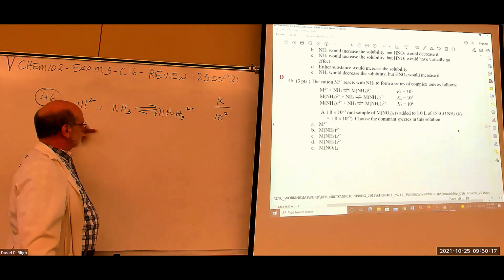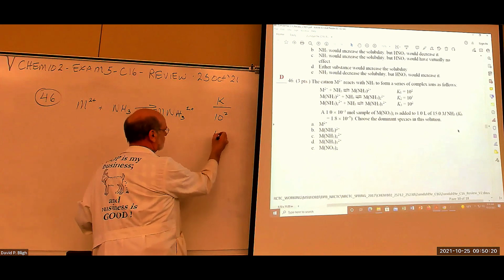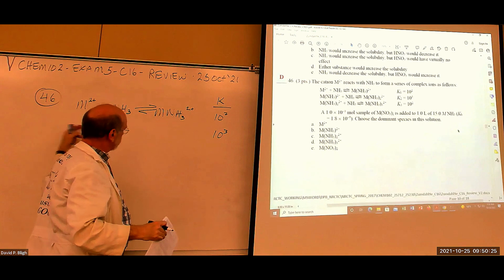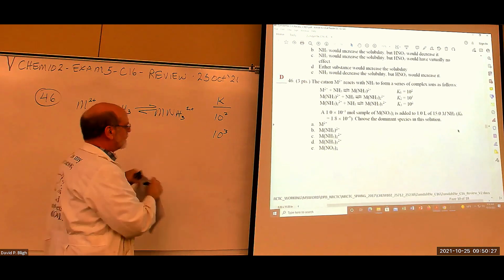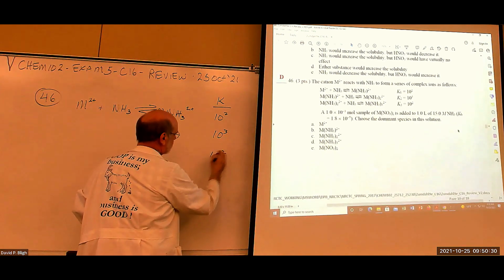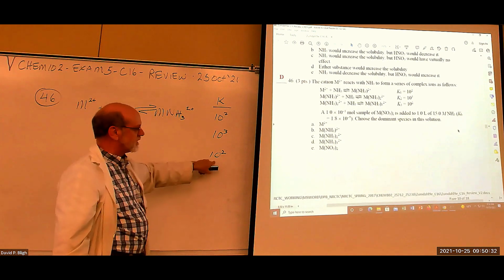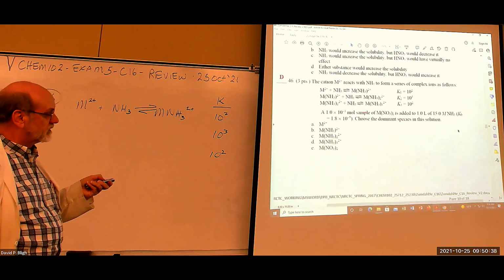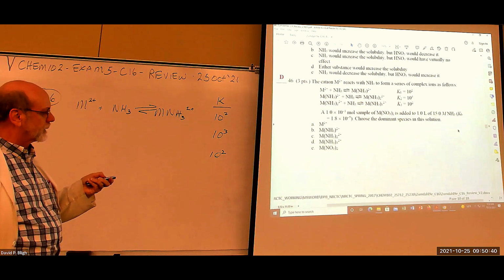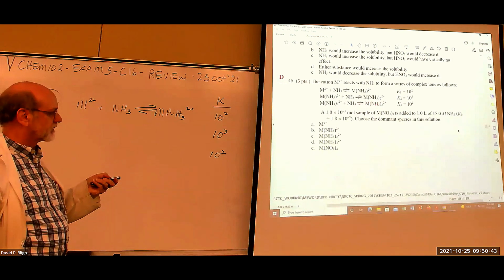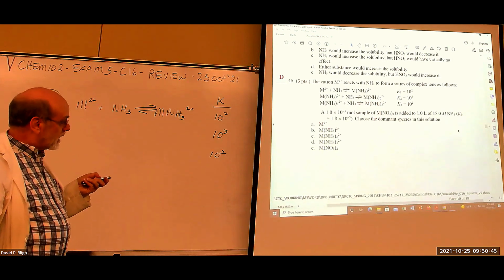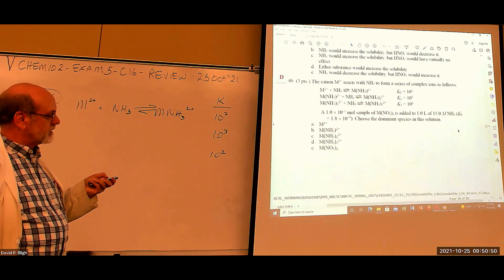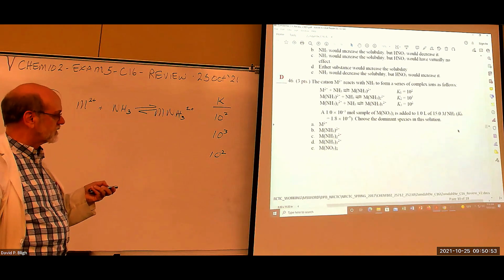Then you're going to take that and add another ammonia. Where is it going to be? It's going to be all over here too. So it's going to take whatever here and convert it completely to the next one. And then the third one is going to take all of that and convert it to this. So the dominant species in that solution is the final one here, based upon these choices, NH3 sub 3 2 plus.